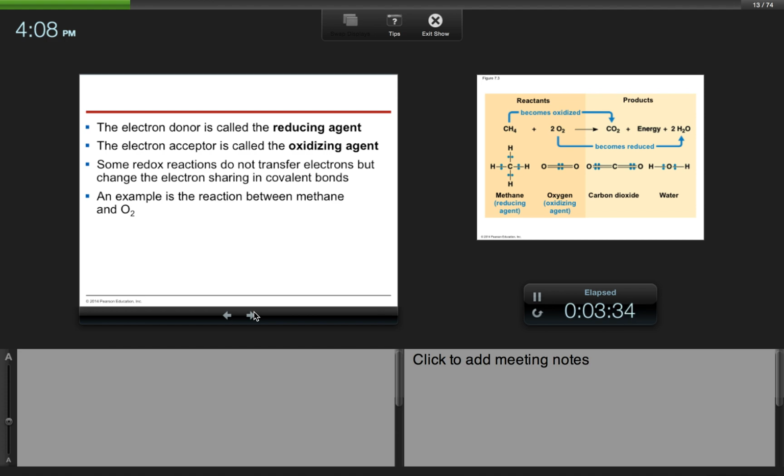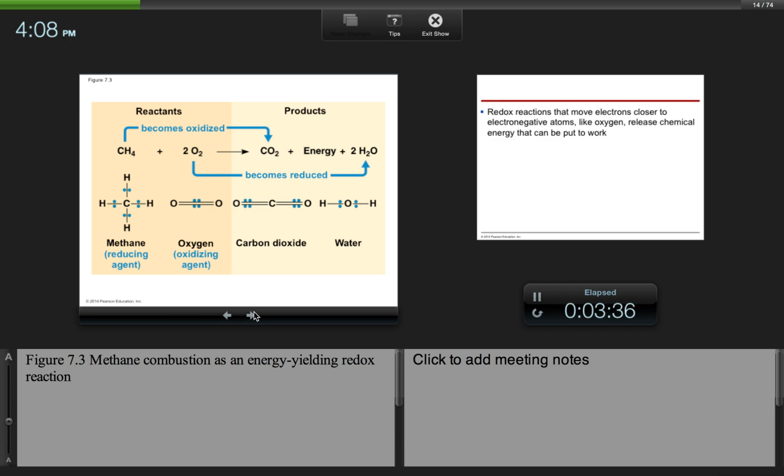An example is the reaction between methane and oxygen. Okay, so here we have methane. You can see that the electrons are shared equally. This is a nonpolar covalent bond. And then what will happen is methane will become oxidized into carbon dioxide. So basically, you can see that the electrons for carbon dioxide are not shared equally.